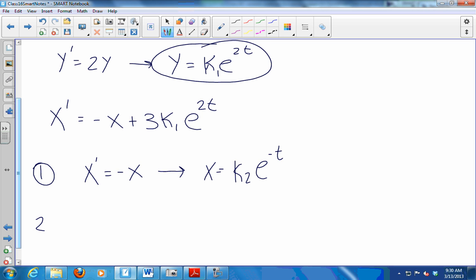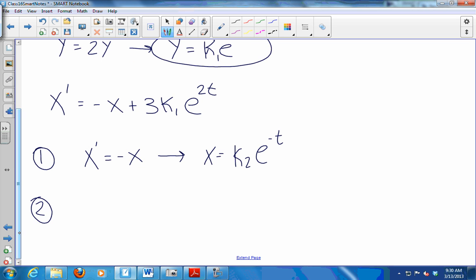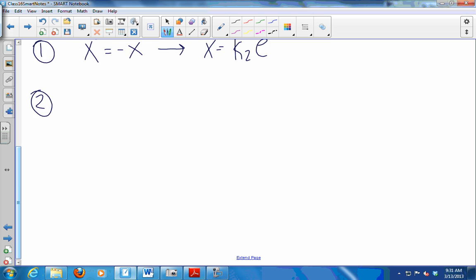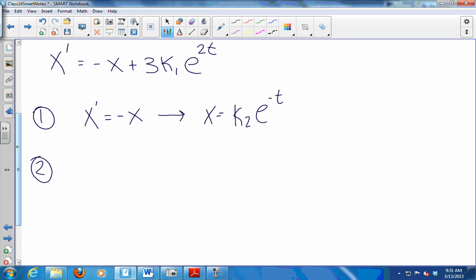Okay, so step 2, I need a lucky guess. I need to find a particular solution that satisfies the entire differential equation. I move the x over because that helps me think about what my lucky guess will be. I need a function whose derivative plus itself equals 3k e to the 2t.